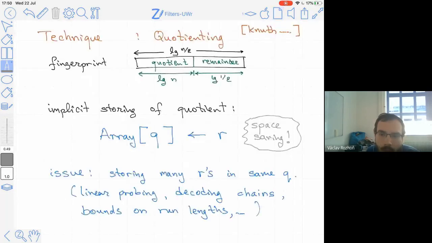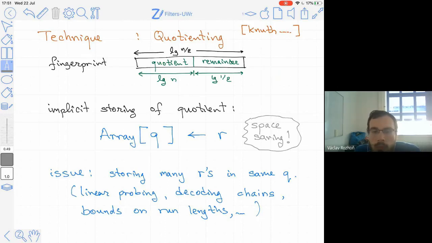A first technique, which appears back in Knuth's old technique called quotienting, is when you take your element or your fingerprint. Here it's described in the language of filters. You take your fingerprint and you partition the binary string into a quotient and a remainder. The quotient is log n bits long. The remainder is log of 1 over epsilon bits long, because your whole universe is n over epsilon. And now you store this element in an array.